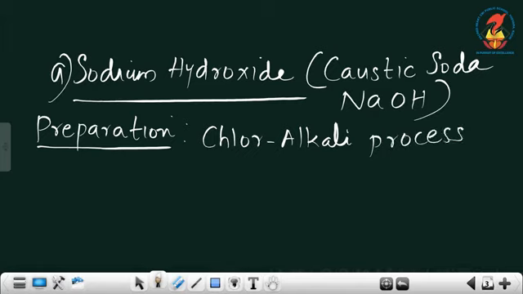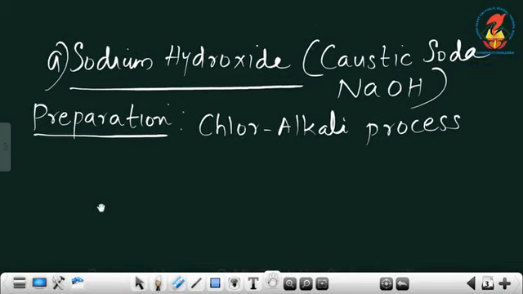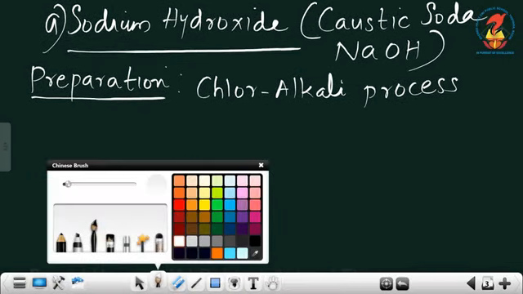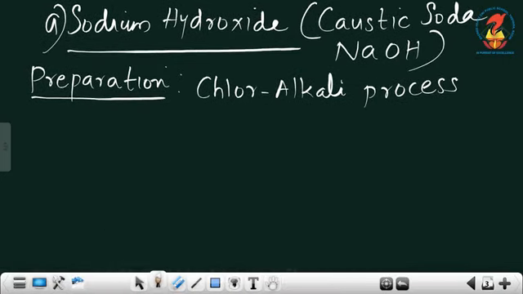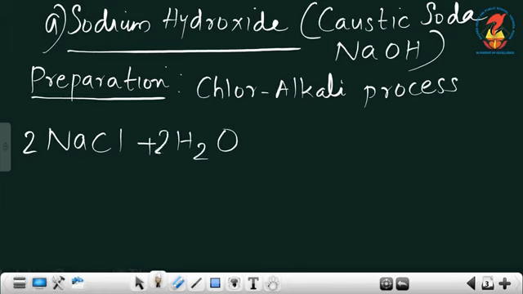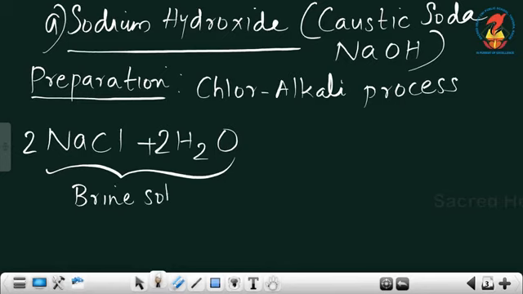In this method, an aqueous solution of sodium chloride is taken. We call it brine solution.